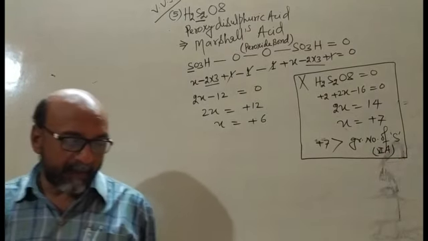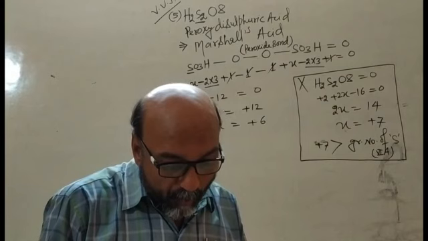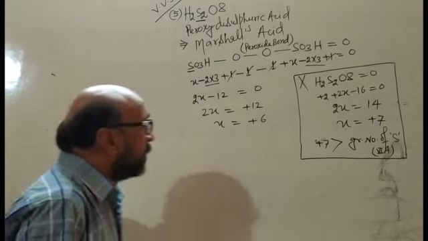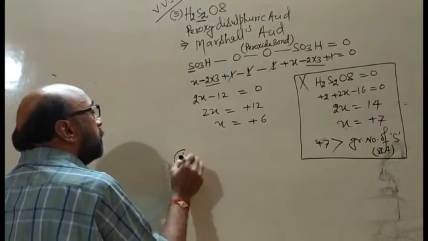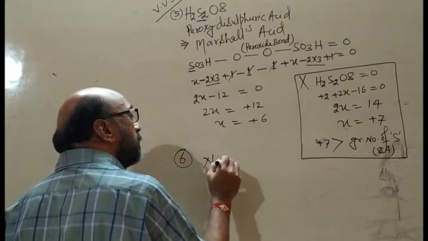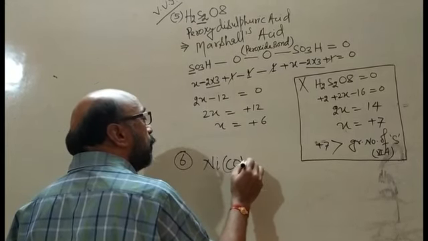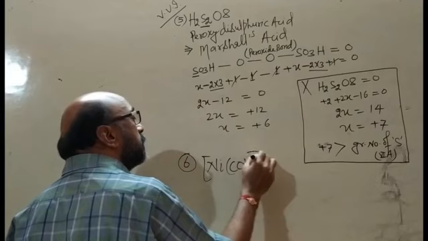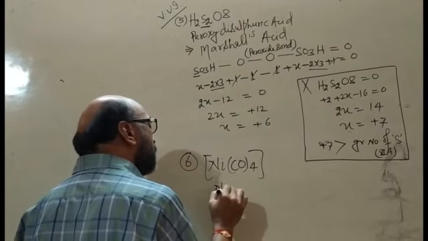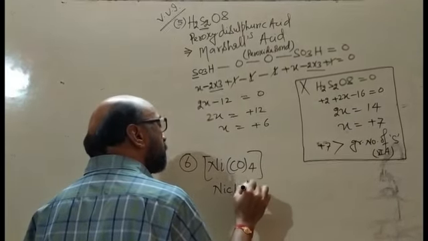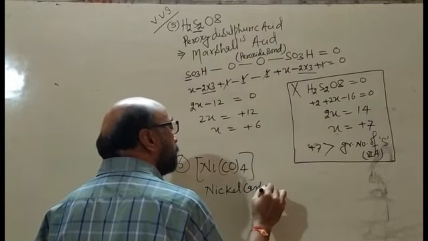Right? Now the next compound is Ni(CO)4. This is called nickel carbonyl.